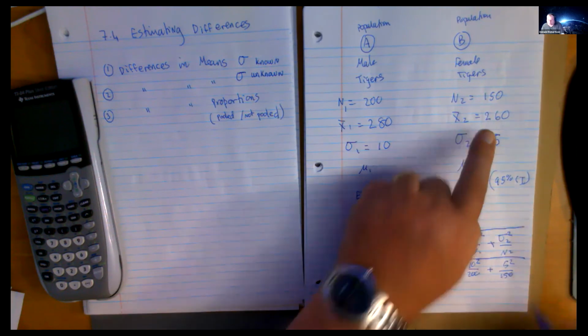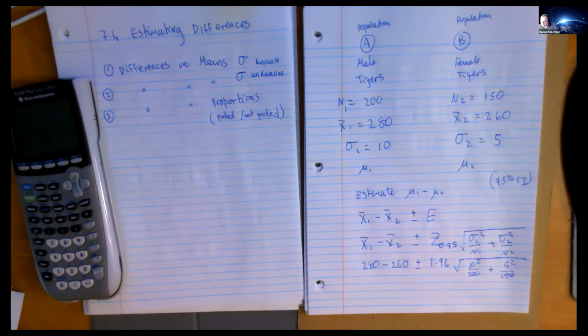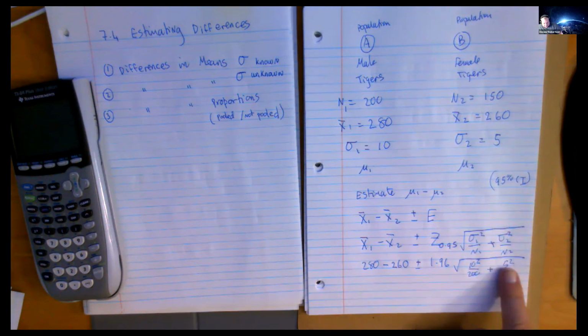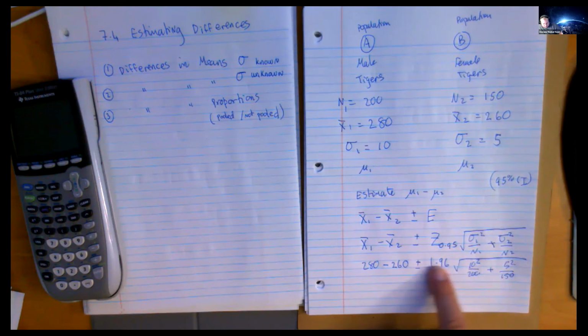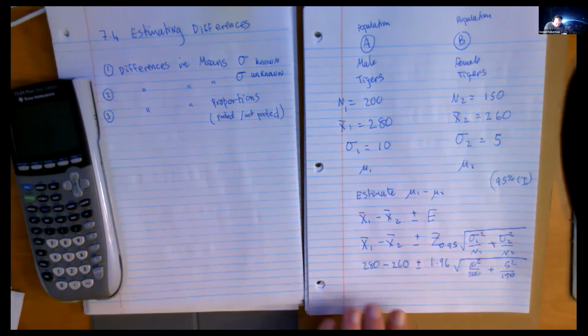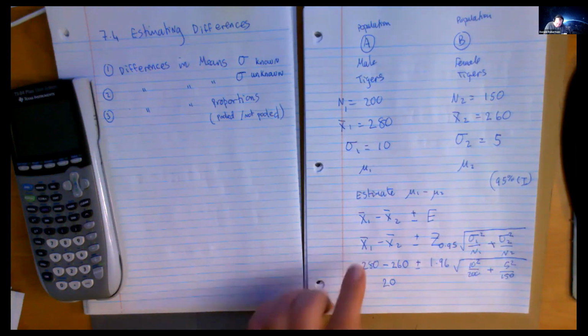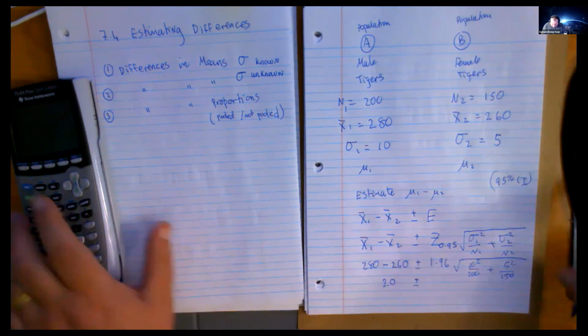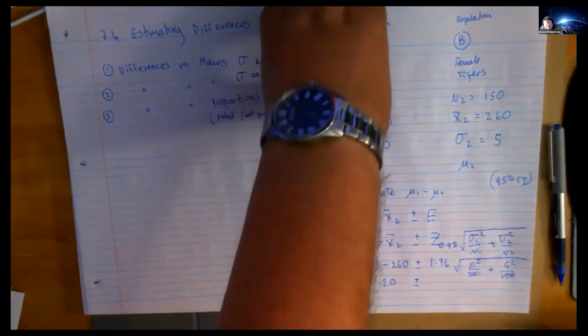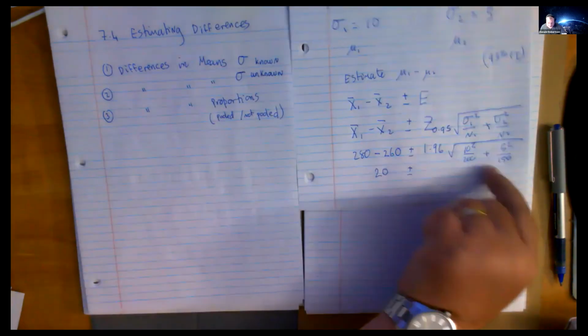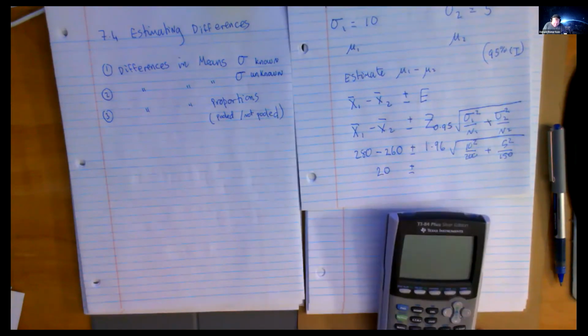Would you agree it's kind of plug and chug, right? Everything's got a place and you put the number in where it belongs. Now this chunk here that I'm scanning from here to here, that's going to be my margin of error. And would you agree these two guys just come out to be 20, right? The difference is 20.